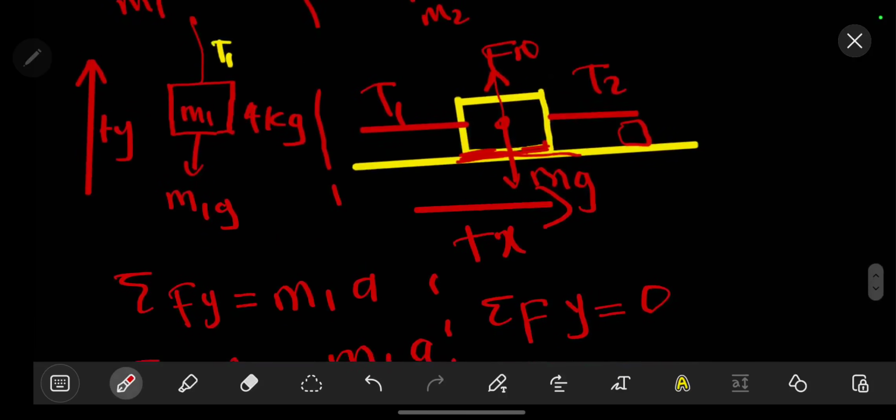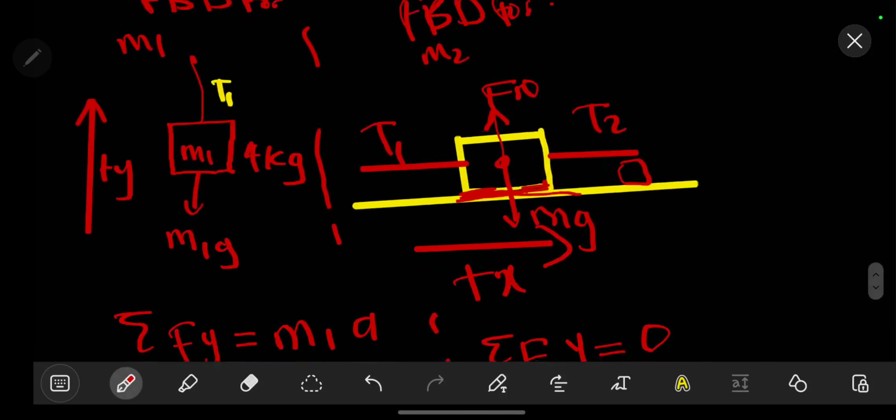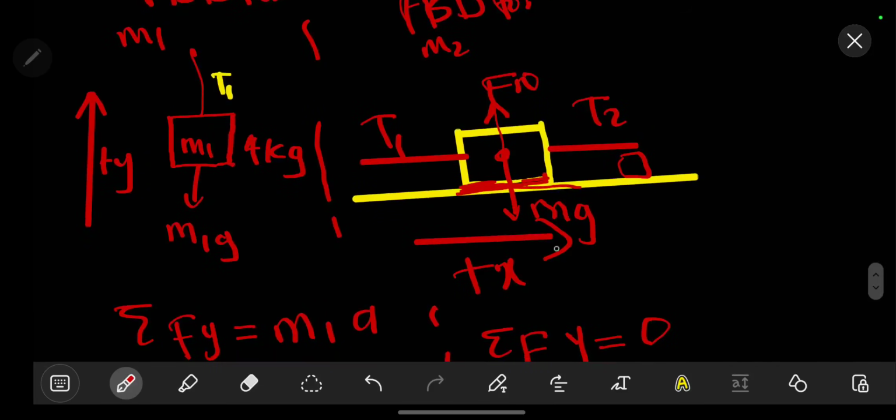Then let's find the forces in the x direction. Remember, we are saying that this direction is positive, meaning we are going to begin with tension number 2, since it is the one that is pulling in this direction. The tension T1 is pulling in this other direction.